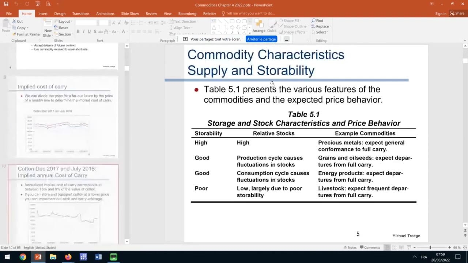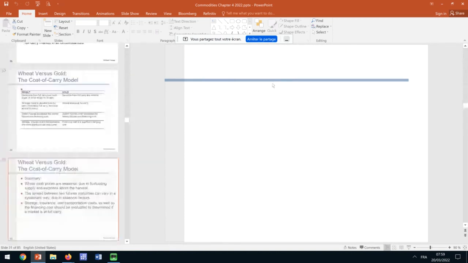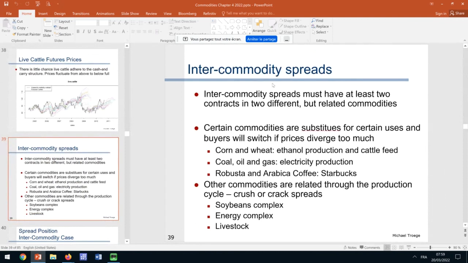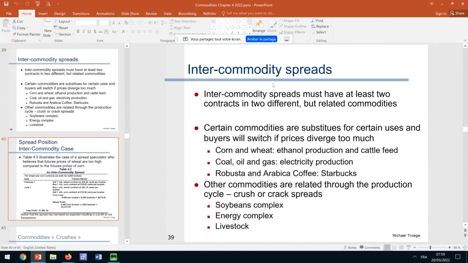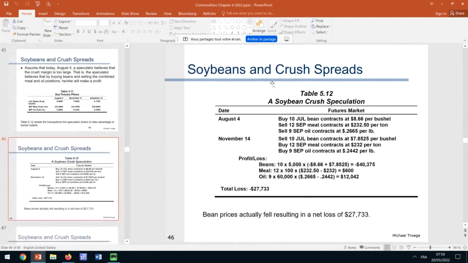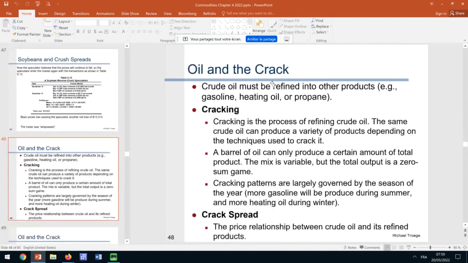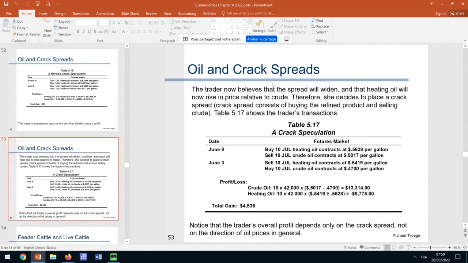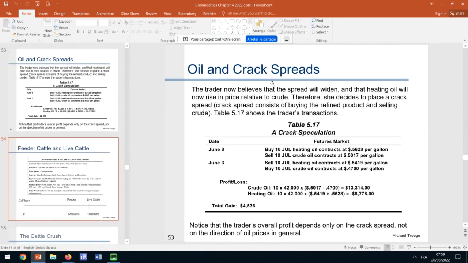With these kinds of spread strategies, you can place a bet on a change in the slope without being exposed to the overall change in the prices. You are hedged because you have one short and one long contract, but you will make money if the slope goes up or goes down, depending on what kind of spread you're making.